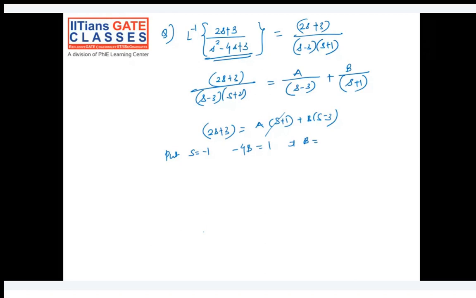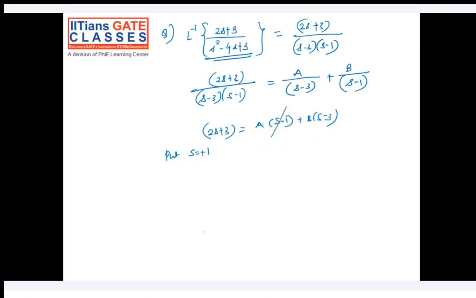Please correct this. S minus 3, s minus 1. I have done some mistake here. I'm correcting it now. So if you put s is equal to plus 1, you have to put s is equal to plus 1. Then only this can be cancelled. Okay, then only this can be cancelled.